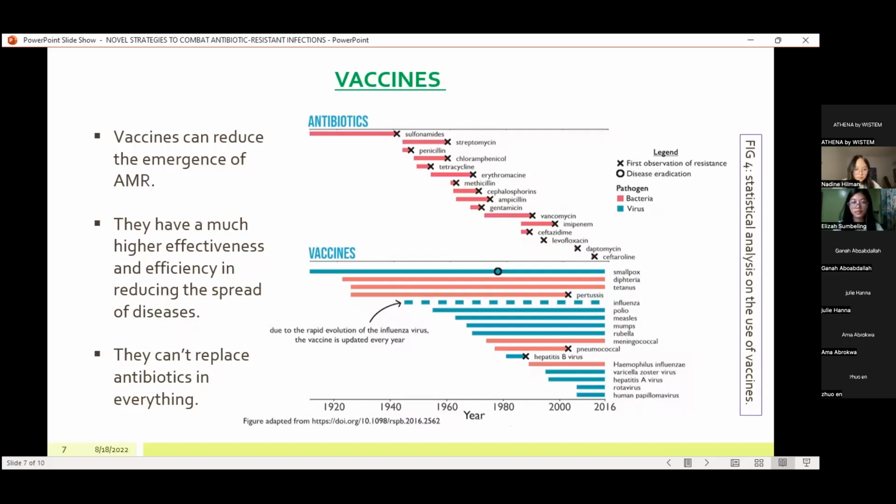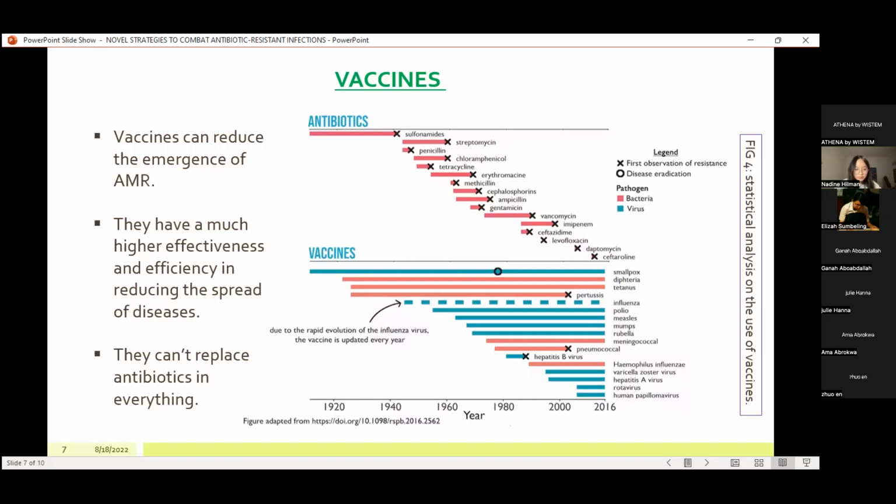It can also treat with high efficiency and effectiveness smallpox, influenza, and rotavirus over the years, counteracting diseases that antibiotics have a hard time dealing with.